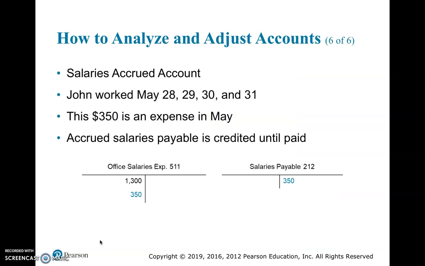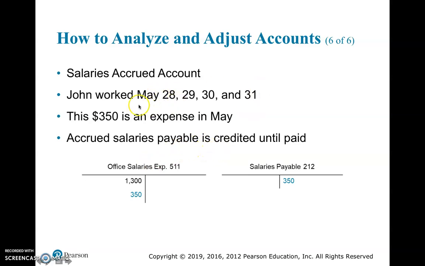Now, the other adjusting entries are called accrued expenses. In those types of adjusting entries, there is an expense that has been accrued, but we haven't paid it in cash or recorded it, so we need to record it.